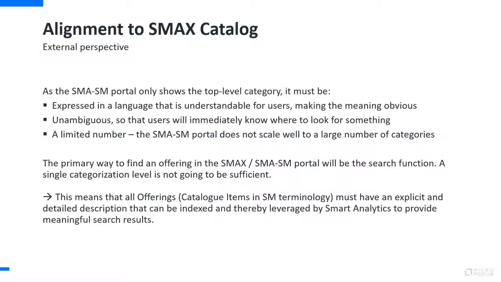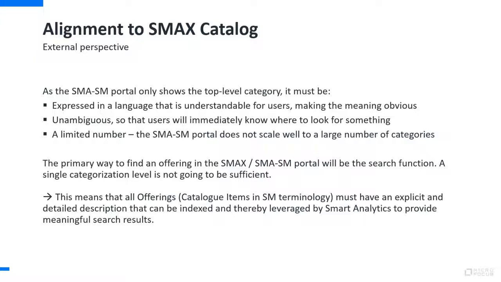Then the second thing that has changed, and Ming has mentioned it with the IDOL search engine, is the way you interact, especially when you have a larger catalog, which is through the search. Because of that rather flat structure of the front end of the catalog on the portal, it's unlikely that you're going to scroll through a list of several, even a hundred, offerings if you make it very flat.